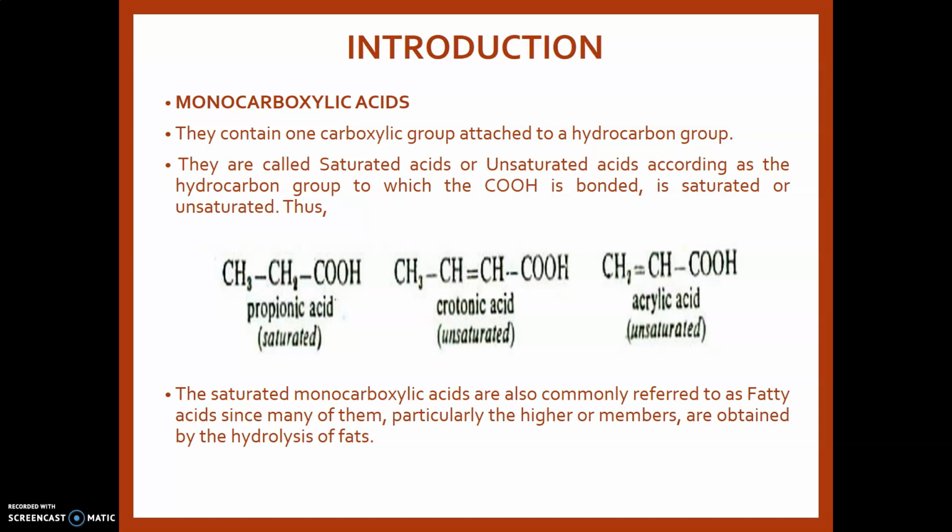For example, propanoic acid is saturated because it doesn't contain a double bond in the hydrocarbon. Crotonic acid and acrylic acid both have an unsaturated hydrocarbon, so they are considered unsaturated monocarboxylic acids.